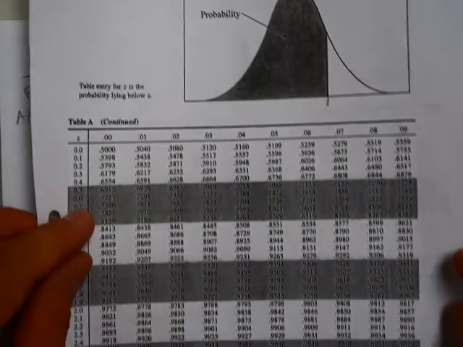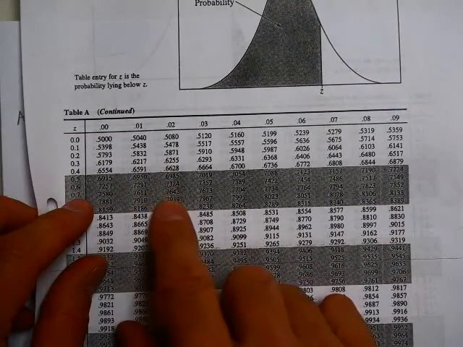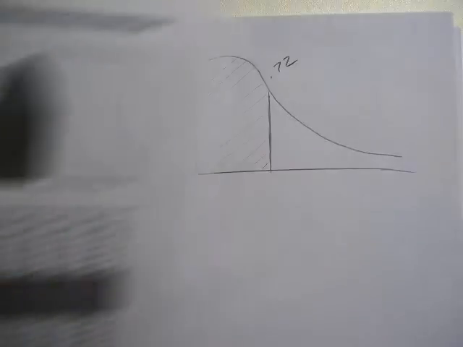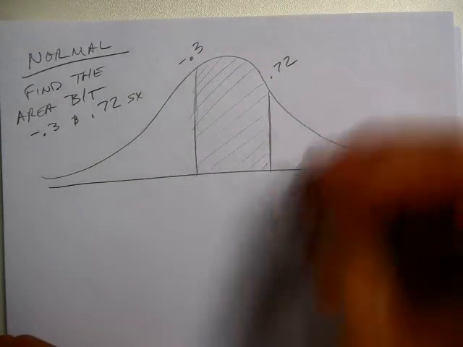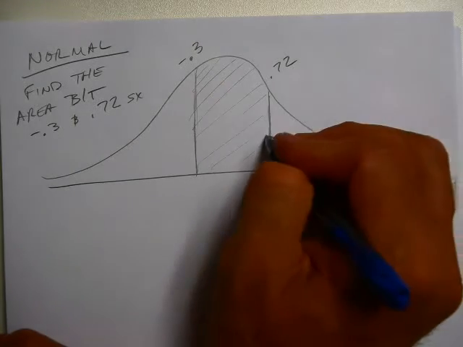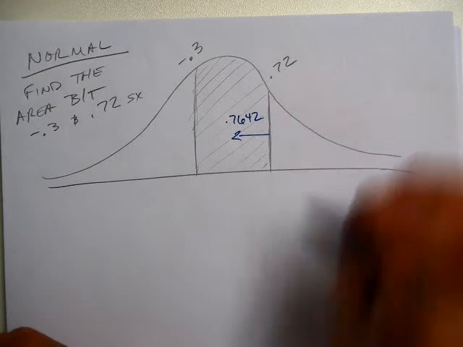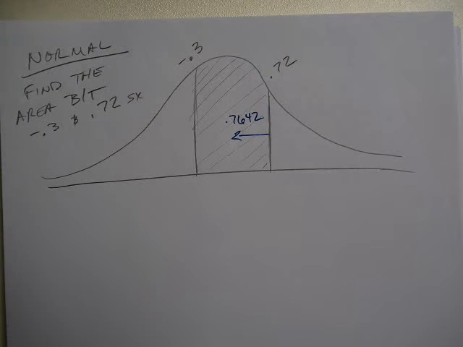So 0.72 looks like it's 0.7642. So what that means is that 0.7642 of the data falls to the left of the 0.72.